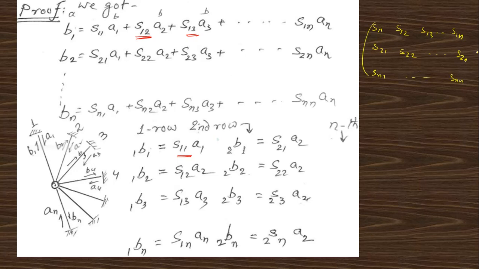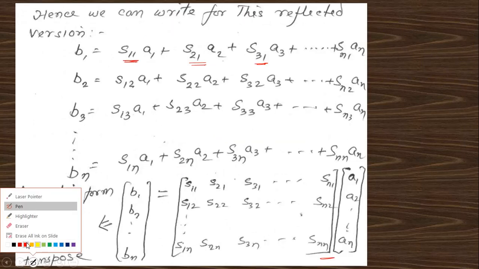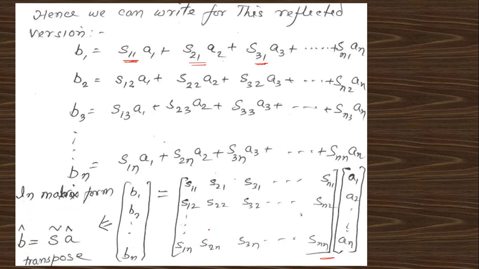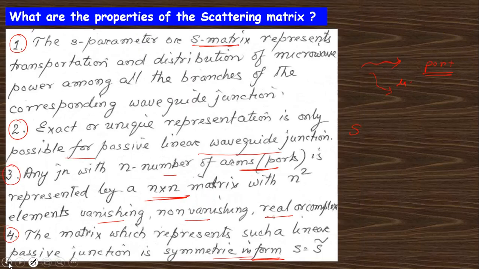Okay, this was the previous matrix, but now this matrix changes into this form. You can see here these are transposed matrices, so that's why this is the symmetric matrix. That way the S matrix is symmetric.